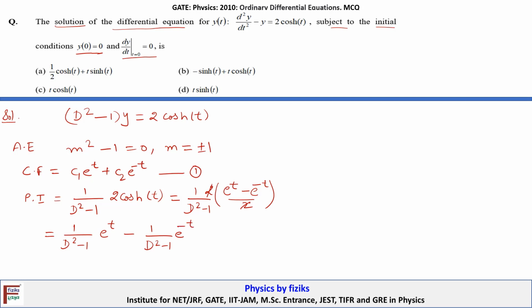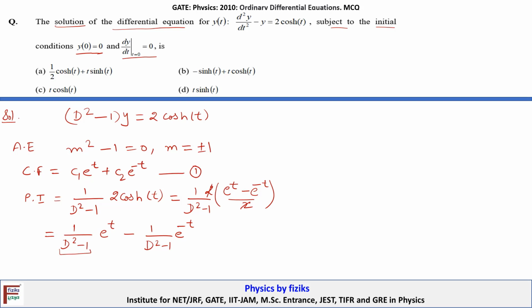Now from here we notice that we substitute D = a, where a is the coefficient of t in the exponent of e^t. Here a = 1. Now if we substitute D = a, then this term goes to infinity, as D² − 1 goes to 0.